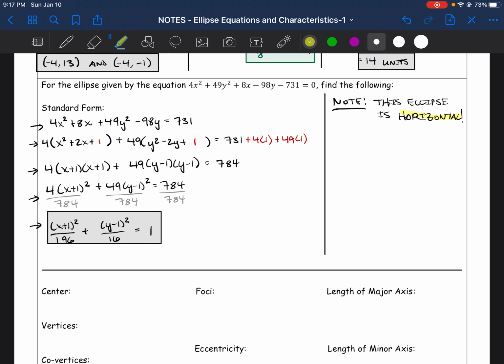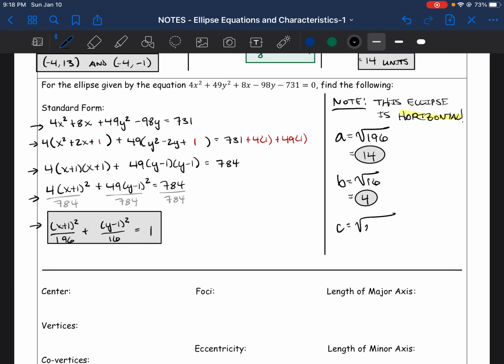That tells us which formulas we're going to be using. So let's start with the a term. A is going to be the square root of 196, which is 14. B is going to be the square root of 16, which is 4.